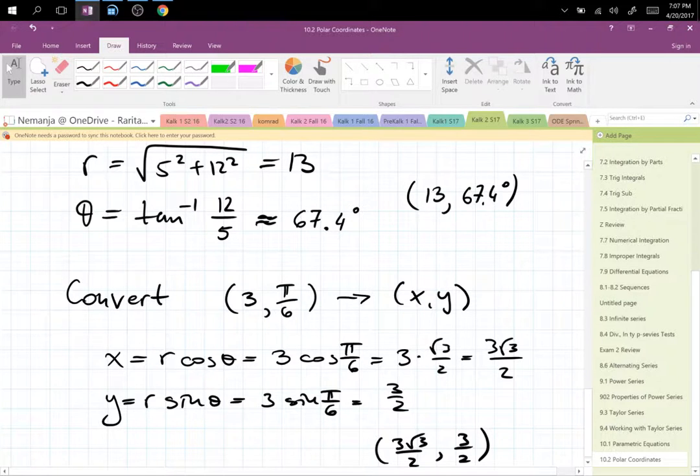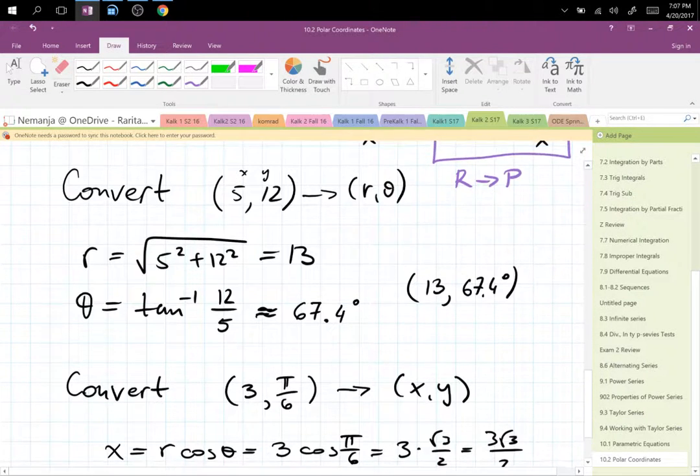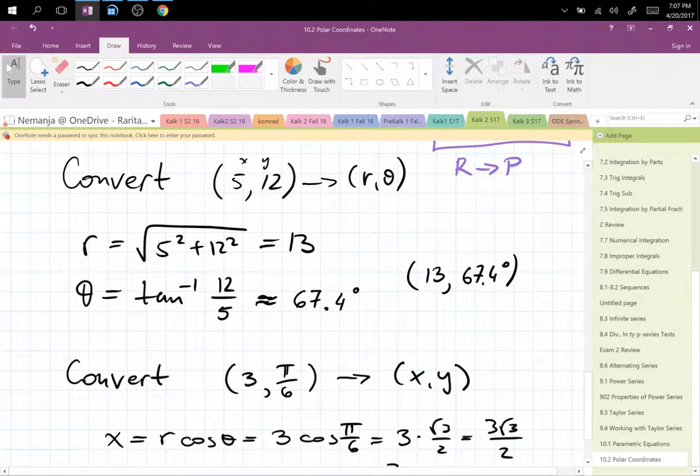So that's the beauty of this thing. If you see, we are starting with a nice (5, 12), and we get 13, 67.4. Now, I would have had over here 5 and 11, this 13 would be worse.